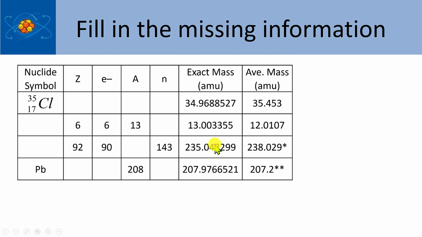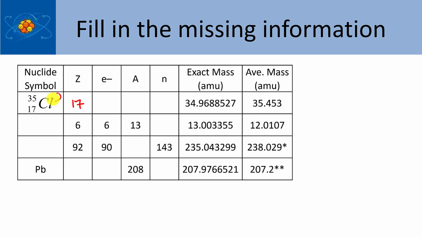Well, let's put some of this into practice. So I have the nuclide symbol for chlorine 35, and I want to fill out this chart. Z is the atomic number, A is the mass number, E, I just decided to put it here as the number of electrons. This is not something that normally shows up on a nuclide symbol, but chemists do it all the time. And N is the number of neutrons. So reading the symbol, the number of protons is 17.